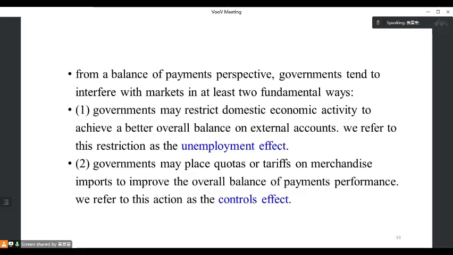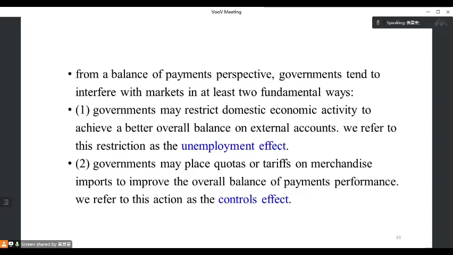So from this page, we should understand when a country has disequilibrium, they have two fundamental methods to solve this problem.